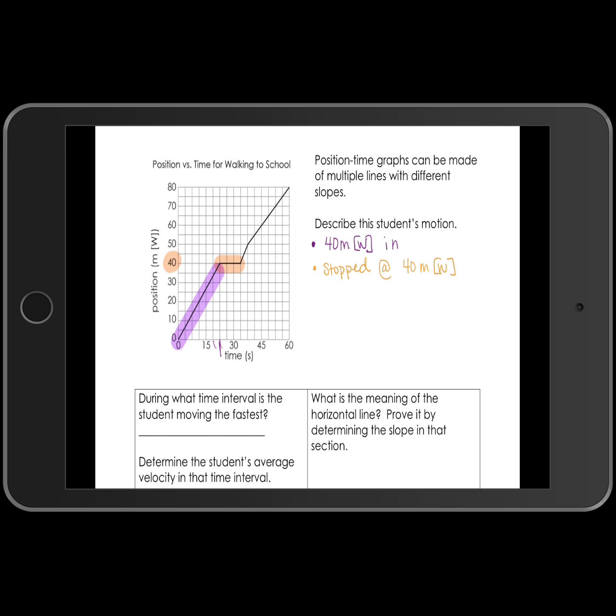Okay, then our line continues here, and there's a little bit here, and then we have a break where it goes here. The pink line is actually very steep. So the student walks quickly to position 50 meters west.